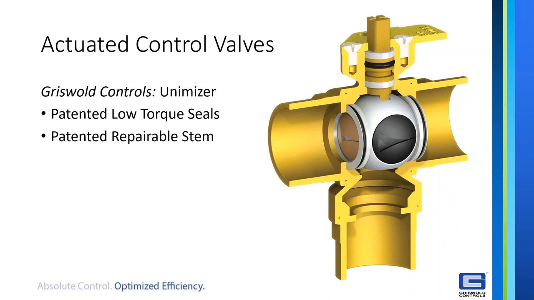And so it's a very tricky situation. You want to have enough tightness so that you don't have leak by, but you don't want it to be so tight that you need a huge actuator on it to try to rotate that ball. And so that's why Griswold designed our patented low torque seal. So those O-rings sitting behind the seal actually act as like little pillows.